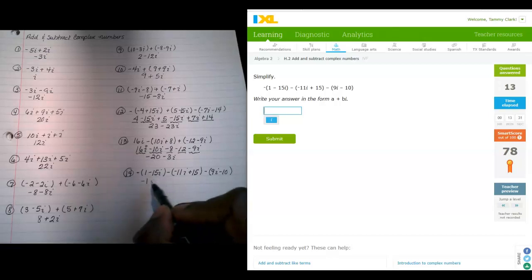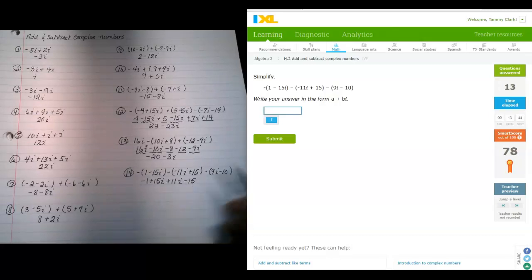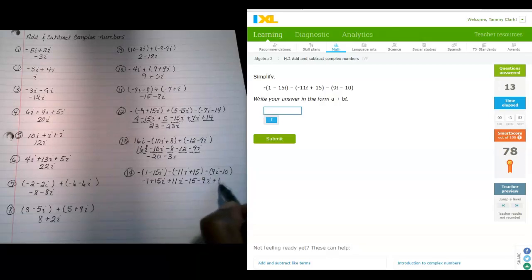Negative 1 times negative 15i is positive 15i. Negative 1 times negative 11i is positive 11i. Negative 1 times positive 15 is negative 15. Negative 1 times positive 9i is negative 9i. Negative 1 times negative 10 is positive 10.